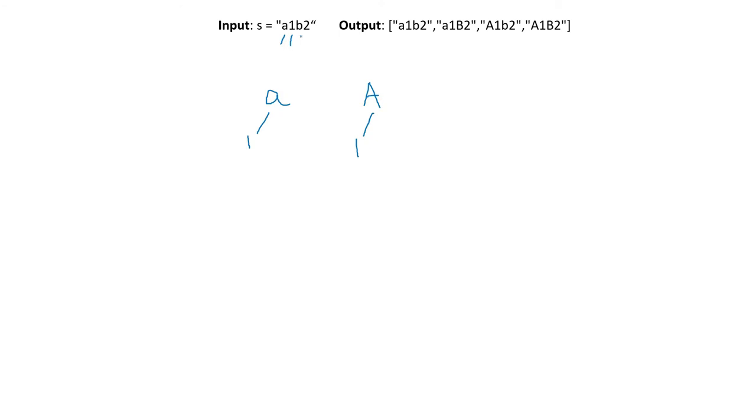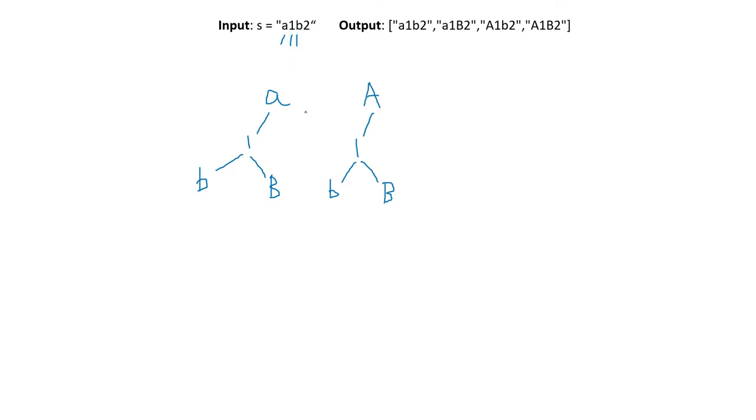Fine. After that we got a B. So here we have two choices. Either we can use a small b or a capital B. Same thing we can do here also. So either we can take a small b or a capital B from this point. So this B is also done.